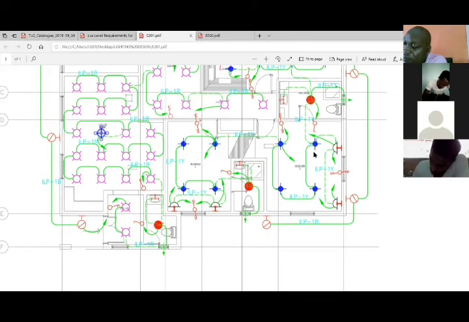Our lumen for lighting design is 1008. Our utilization factor is 0.6. Then our maintenance factor is 0.8. So let's quickly simplify this and let me have your answers.